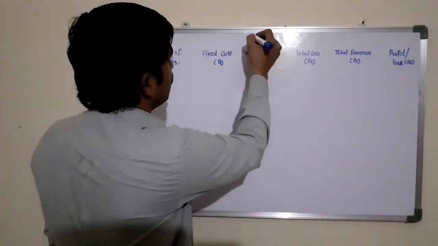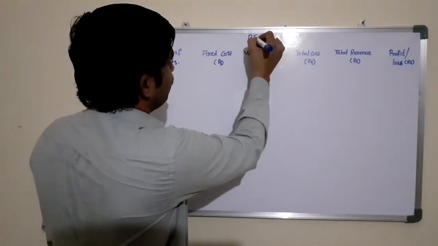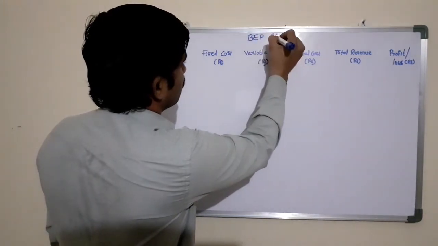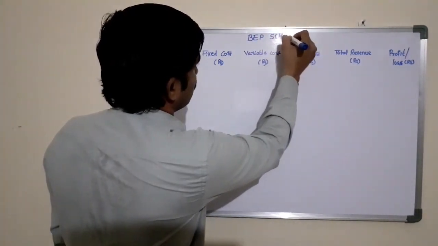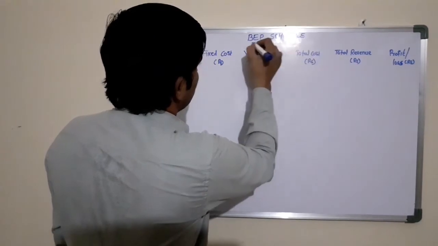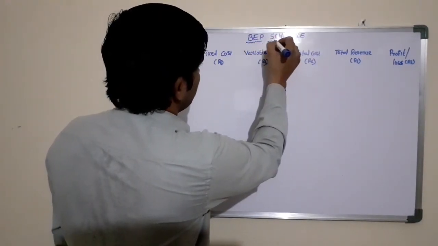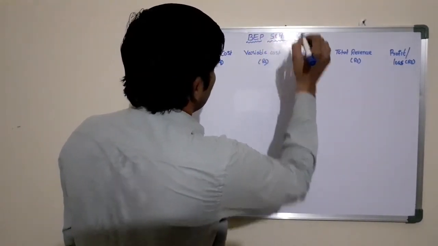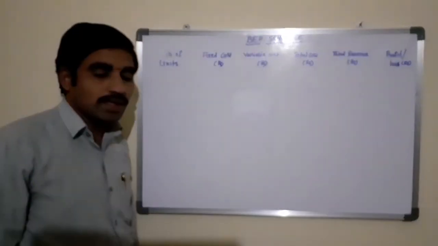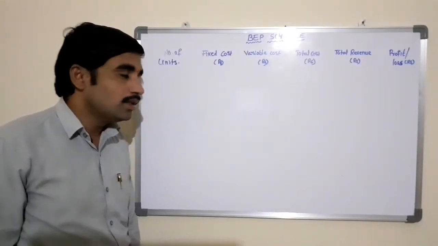This schedule is known as the BEP schedule, which we will use to construct the break-even point chart.